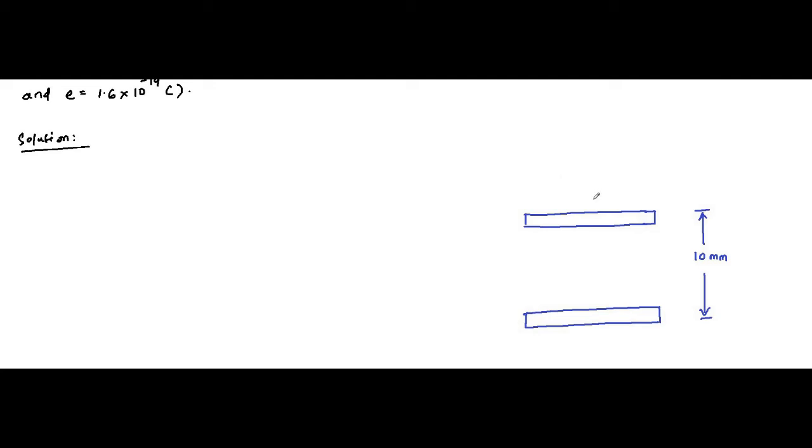Other data which is given is that they are connected to a source of electric potential. So let's say this is connected to a positive potential, the positive terminal, and this is connected to a negative terminal, because the upper plate is at positive potential, it is given.